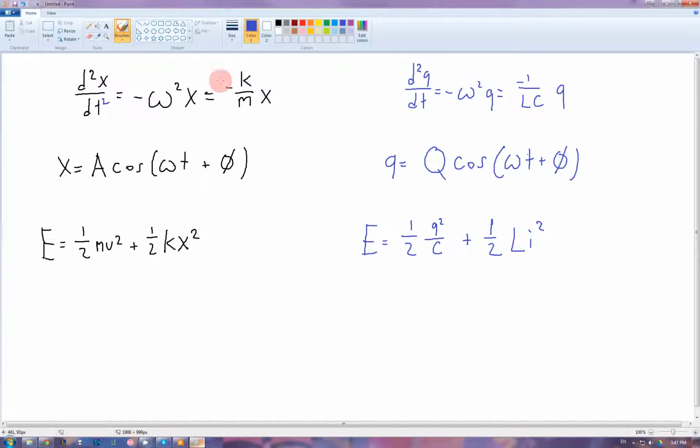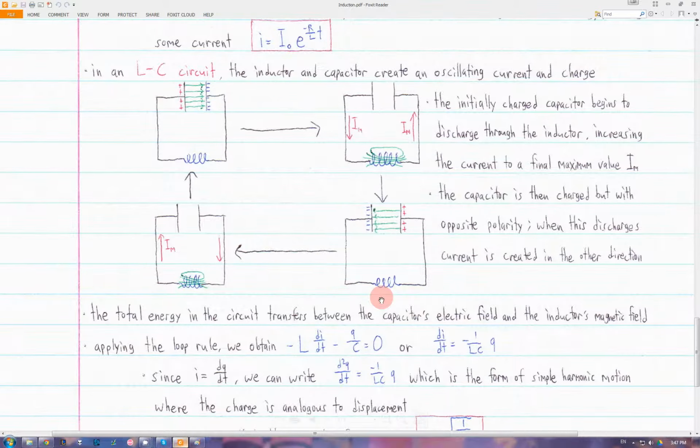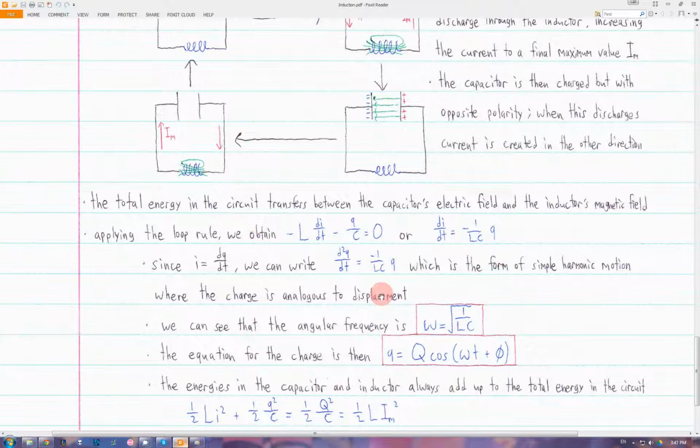And so comparing this equation for simple harmonic motion with the equation that we just got from this LC circuit, we can see that the charge is analogous to the displacement, and this omega is going to be equal to the square root of 1 over LC. So we have a case of basically simple harmonic motion, but with a circuit. And so the angular frequency omega of the circuit is the square root of 1 over the inductance times the capacitance.